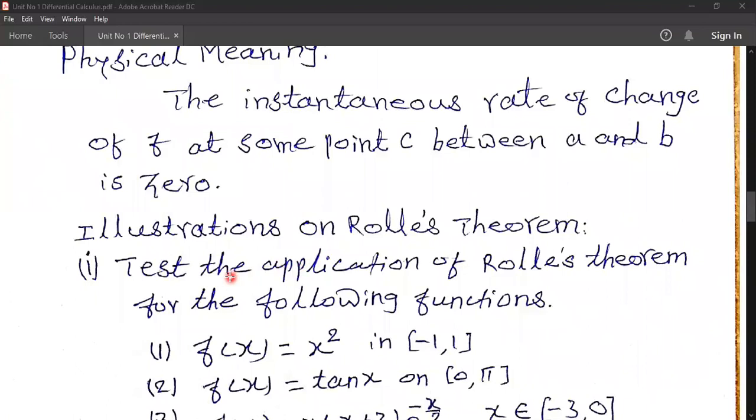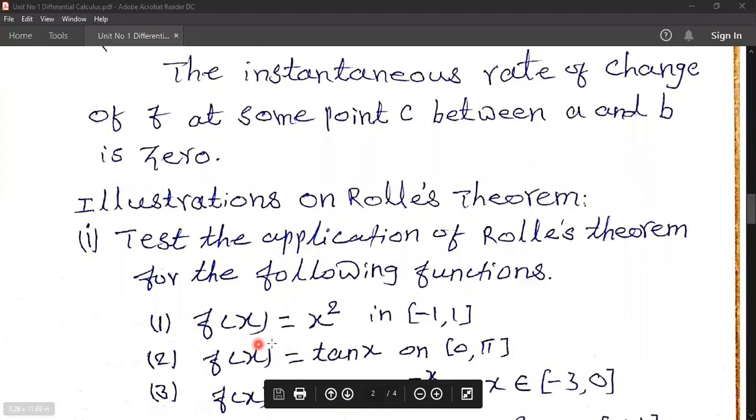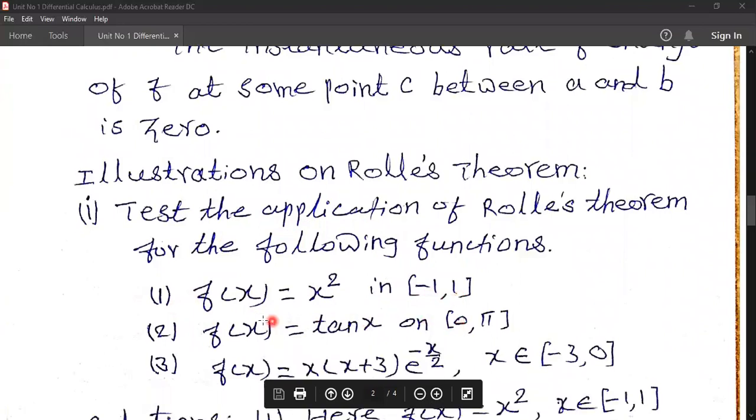The first one: test the application of Rolle's theorem for the following functions. The first question is f of x equal to x squared in the closed interval [-1, 1]. The second question is f of x equal to tan x in the closed interval [0, pi].